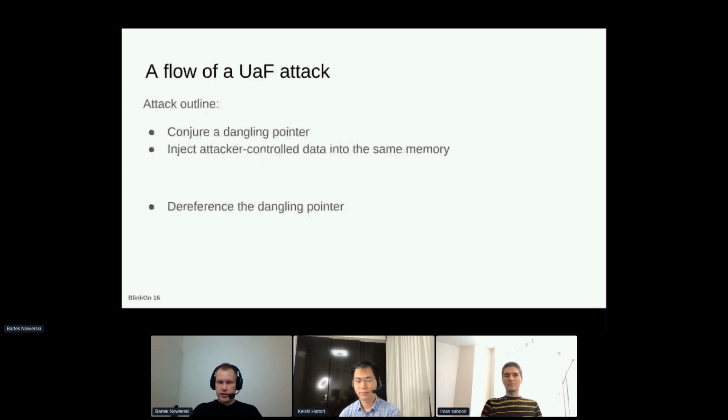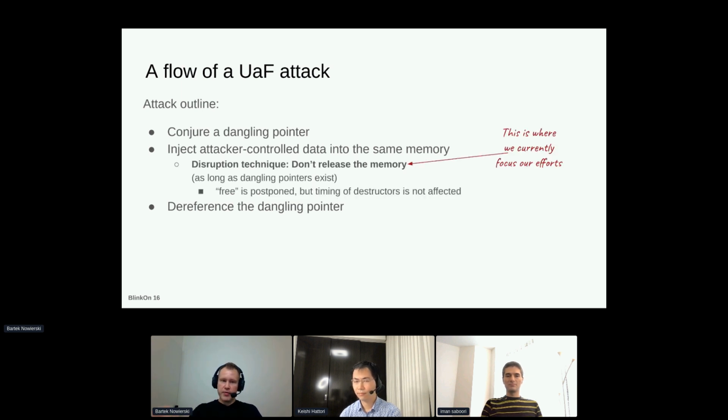Then the attacker, through their actions, causes Chrome to allocate another object in that same location in memory, and this object is filled with data controlled by the attacker. Lastly, the pointer gets dereferenced, and Chrome thinks it's reading the original object while in fact it's reading the attacker's data. No bueno.